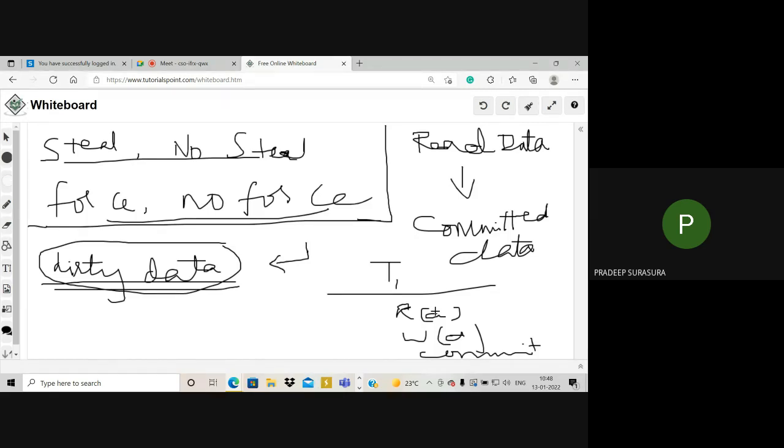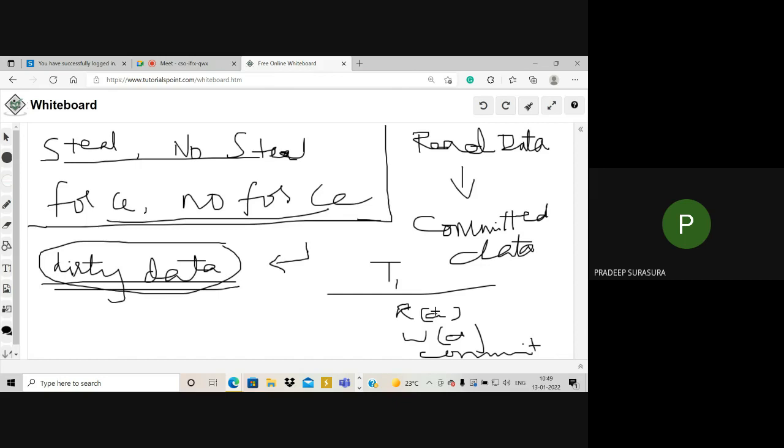So we cannot read uncommitted data. When you are reading the data, we will make sure that we always read committed data but not uncommitted data. When data is read, it will not become dirty. But when data is updated but not committed, that becomes dirty data.